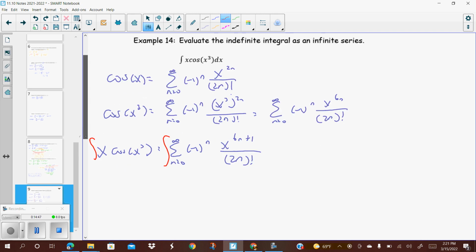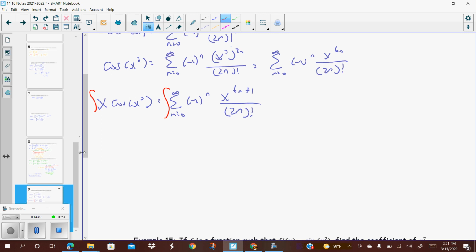Integrating that sum is going to get us, don't forget the C, because you're going to have a C out there. C plus the sum, n goes from 0 to infinity, negative 1 to the n. Raise the exponent by 1, so it'll be x to the 6n plus 2, dividing by the new exponent, 6n plus 2, and don't forget you still have a 2n factorial.